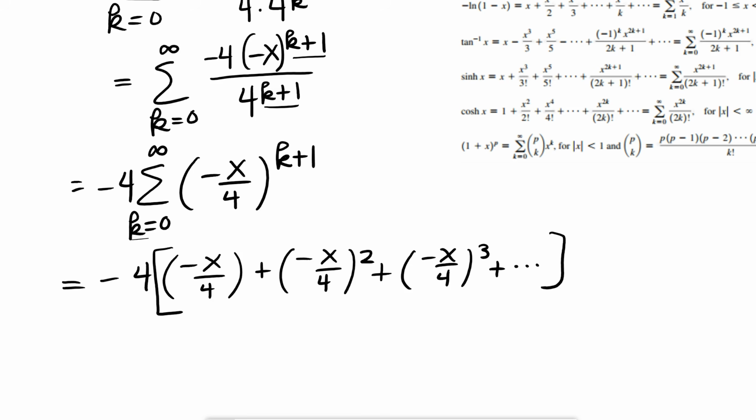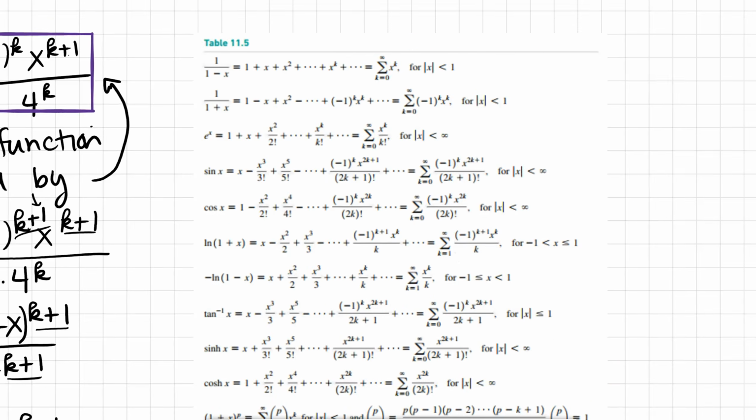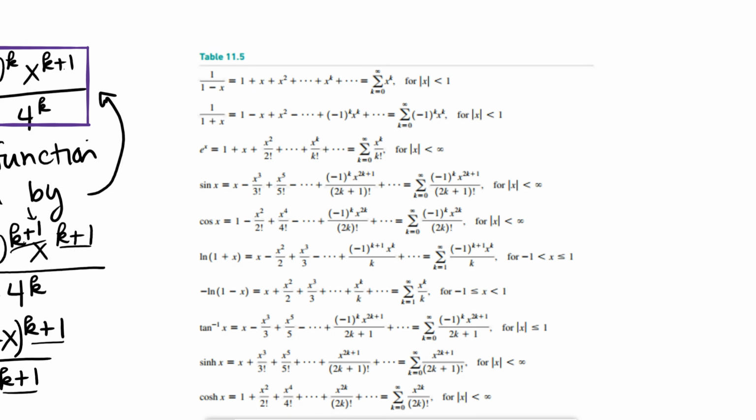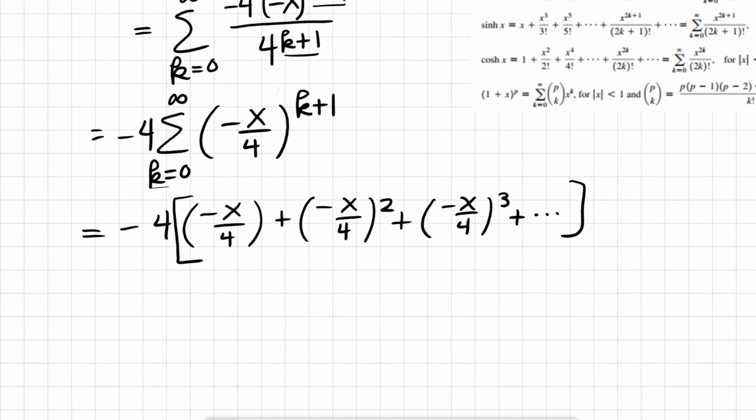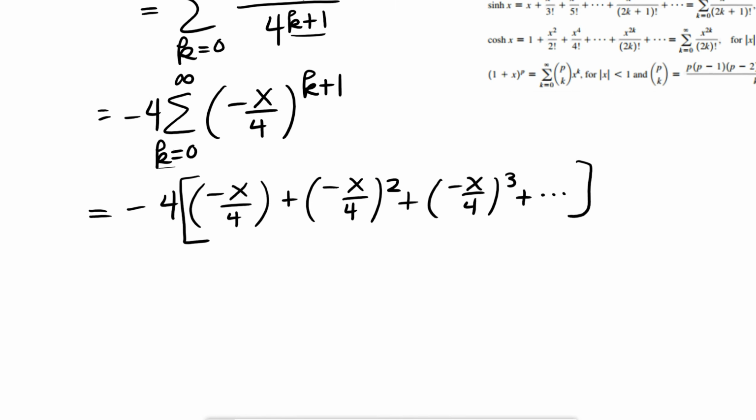But the problem is if you look up here on your power series, notice that this is just a k here, and I want that first term to be 1. All right, if I'm going to use this and say I just substituted in something different for x, I need to make sure that's going to work. So what I'm going to do is actually factor out a -x over 4.